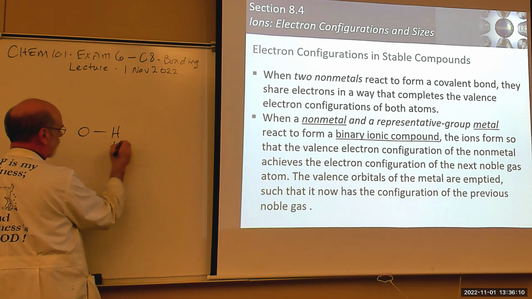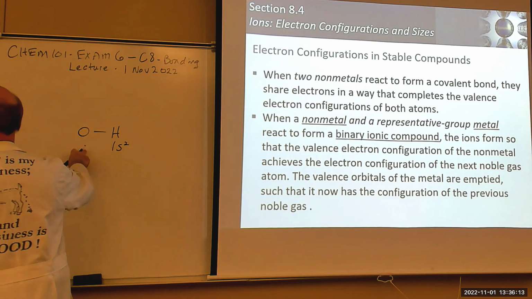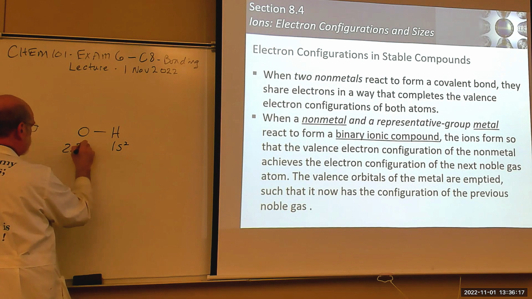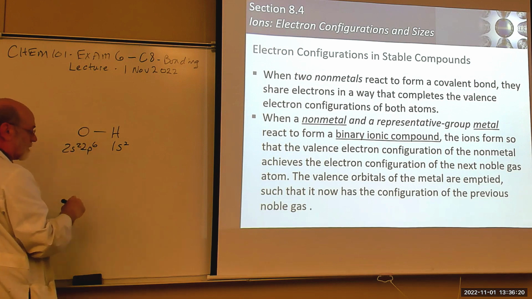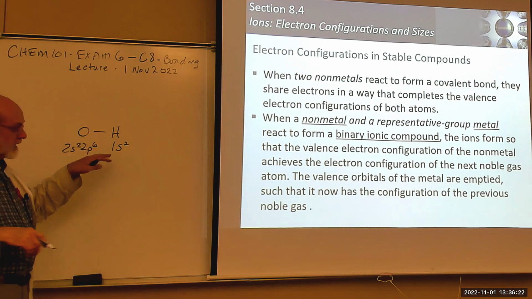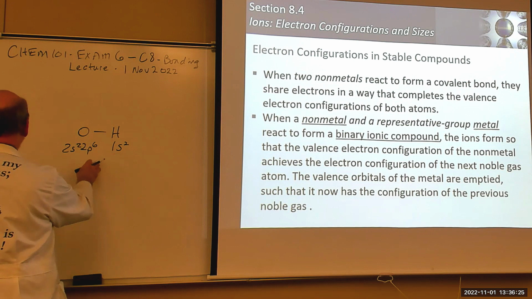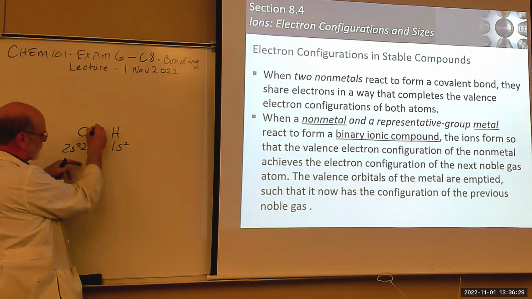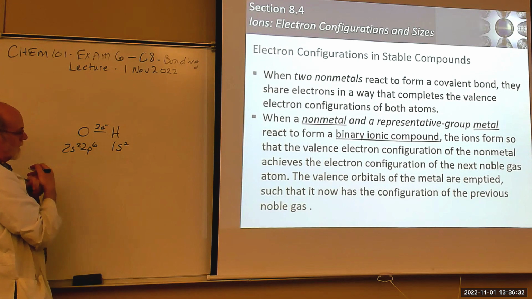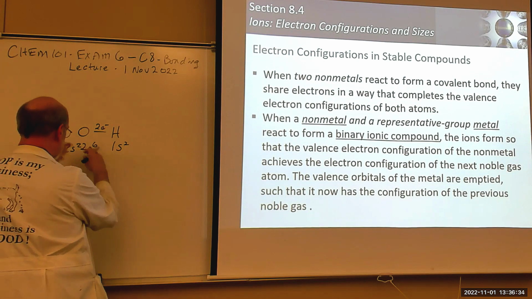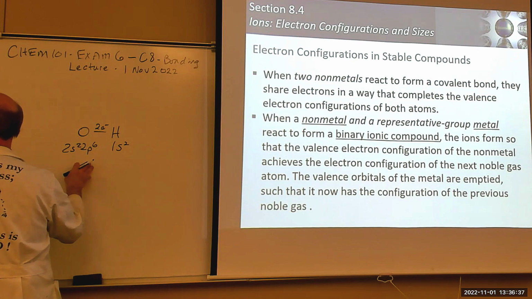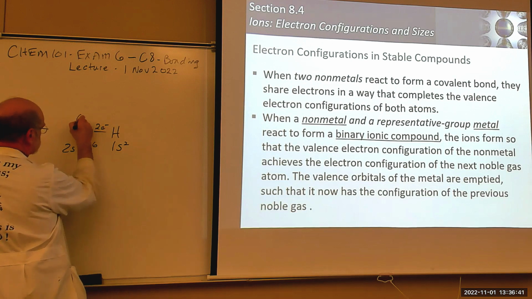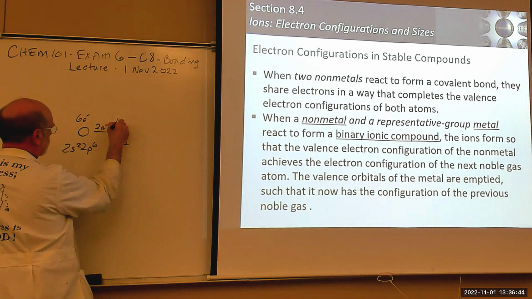So it would have 1s2, and oxygen would have a 2s2 and a 2p6 if they were noble gas. Right? This is like helium and this one's like neon. But two of these electrons are right in here. Right? So the total number of electrons in their valence shells would be 4, 5, 6. Would be 6 electrons here and 1 electron there.